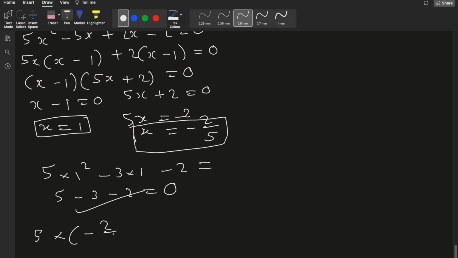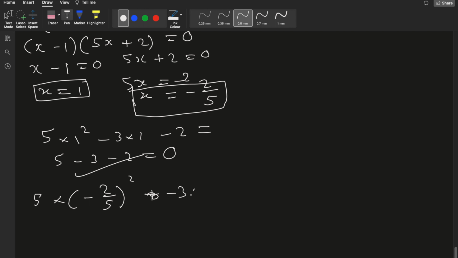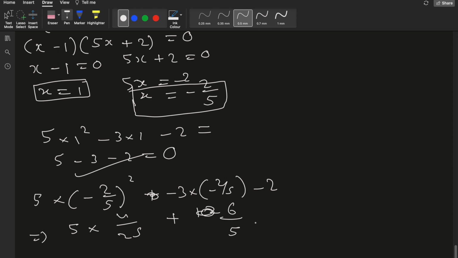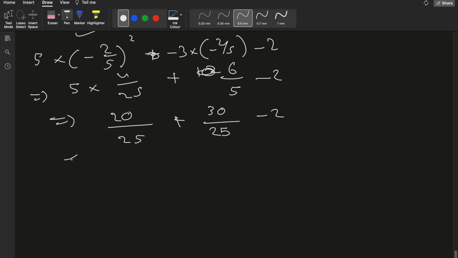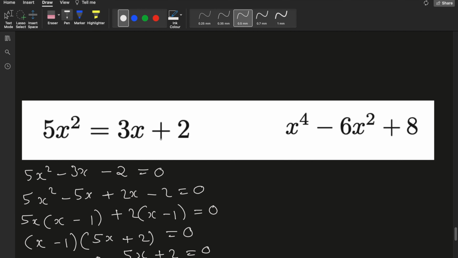So... which is indeed 0. So the solutions are right.